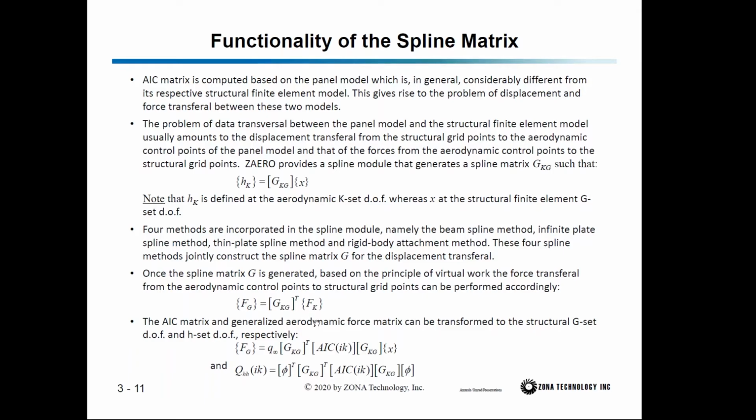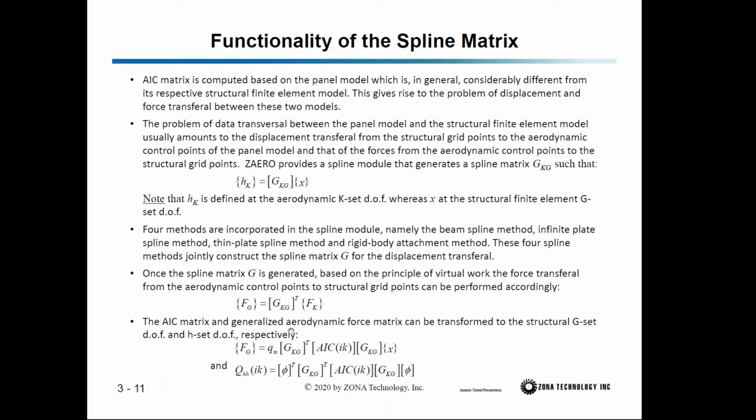Meaning, if you sum all the force along the x, y, z direction from the K set, then after you transfer the force to the G set, you also sum the forces along x, y, z, and you will find those 3 sets of forces are equal. This is guaranteed by the principle of virtual work.